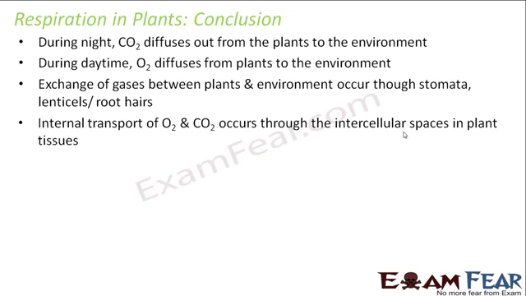But that gas also needs to be transported to all other parts of the plant. So that internal transport is taken care of by the intercellular spaces, because in many plant tissues there is a lot of intercellular space, and those intercellular spaces help in carrying the gases from one part of the plant to the other.